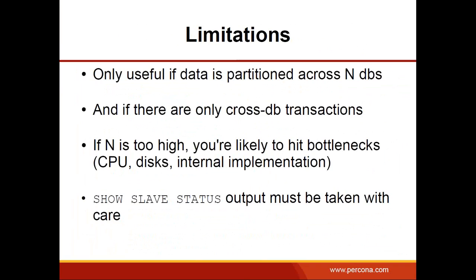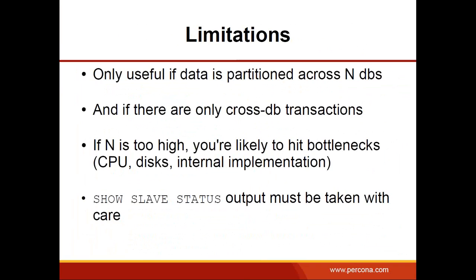If you have a lot of databases, so for instance 100, 500, you're very likely to hit bottlenecks. So at the moment I'm not aware of this because the only scenarios I've seen were with n, which is quite small, so n equals 3, n equals 5, things like that.